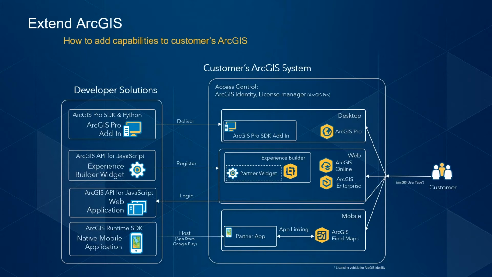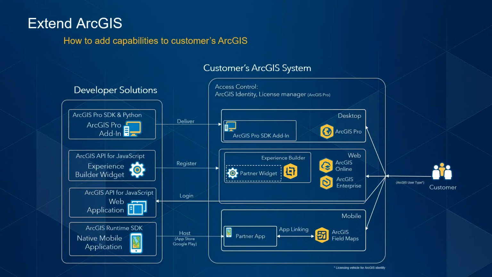And now in case of web applications, the ArcGIS JavaScript API gives a way to integrate with the ArcGIS user login into your application by using their ArcGIS credentials. And we will talk more about this in the next few slides. And lastly, the runtime and native apps, you can host the mobile apps that you created into respective app stores, and customers can download it in their mobile devices.